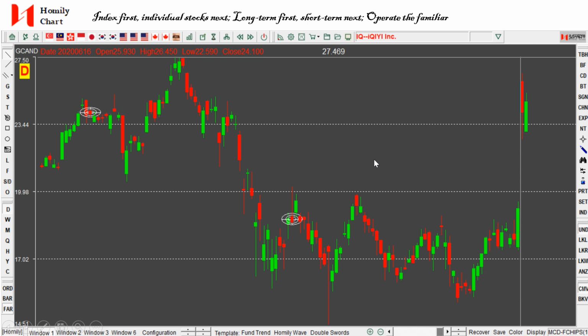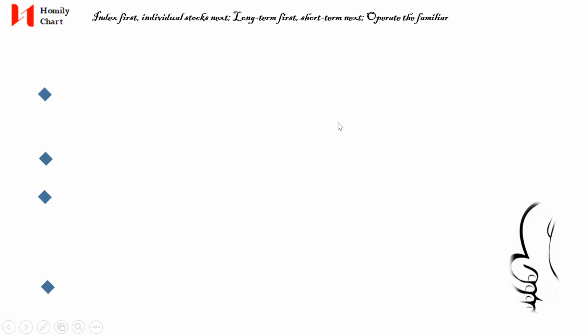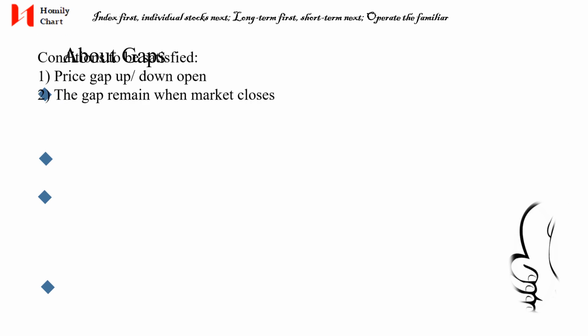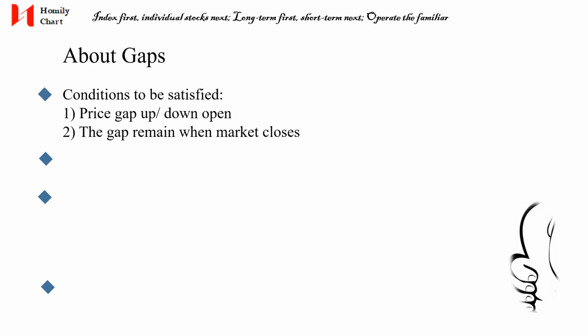We also need an empty space between the body of the second candle and the body of the first candle. Okay, so those are the conditions to be satisfied if we want successful upward gaps or downward gaps.